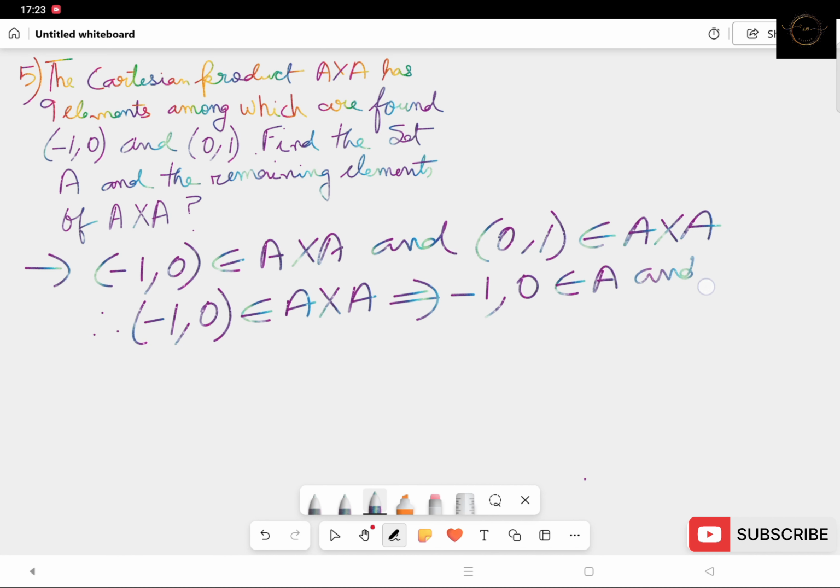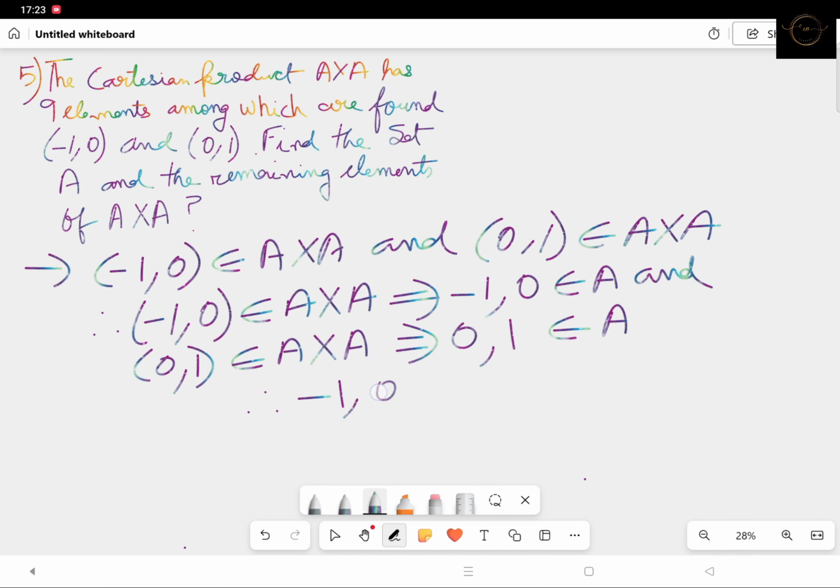And likewise we know 0, 1 also belongs to A into A. It means that 0 and 1 will also belong to the set capital A. So all these elements will belong to A: -1, 0 and 1.